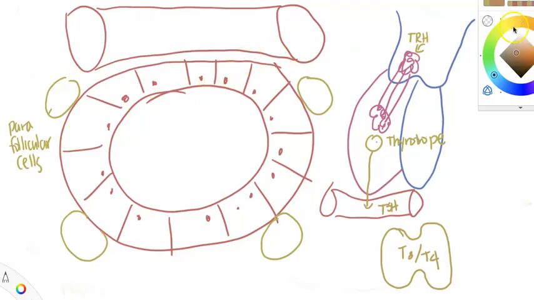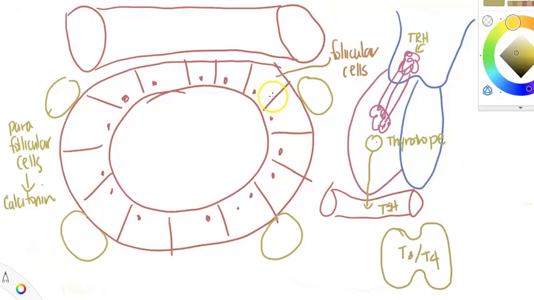Parafollicular cells make calcitonin. Follicular cells are what make T3 and T4.